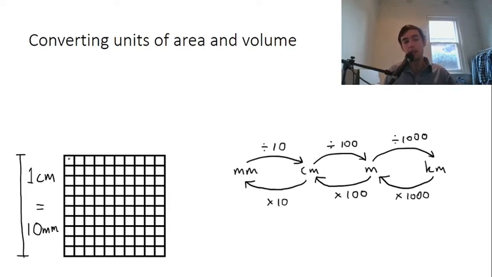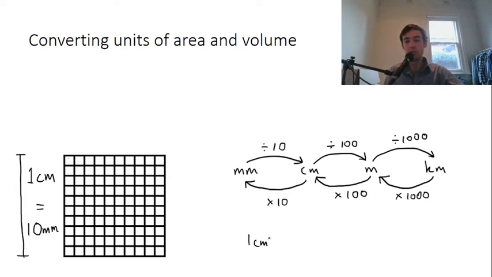Well, the way we can do it is we can think about, there's 10 millimeters squared just in this column over here. And there's another 10 over here. And another 10 over here. And how many 10s are there? There's 1, 2, 3, 4, 5, 6, 7, 8, 9, 10 groups of 10. So that's 10 times 10 millimeters squared.